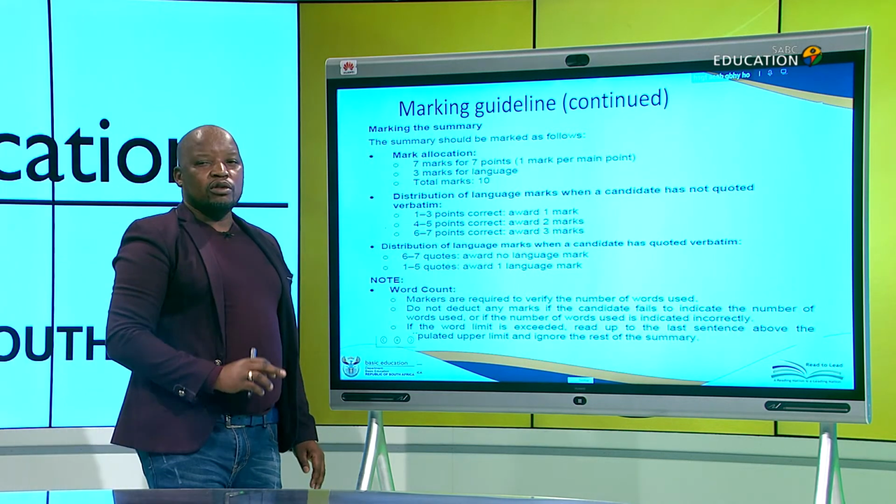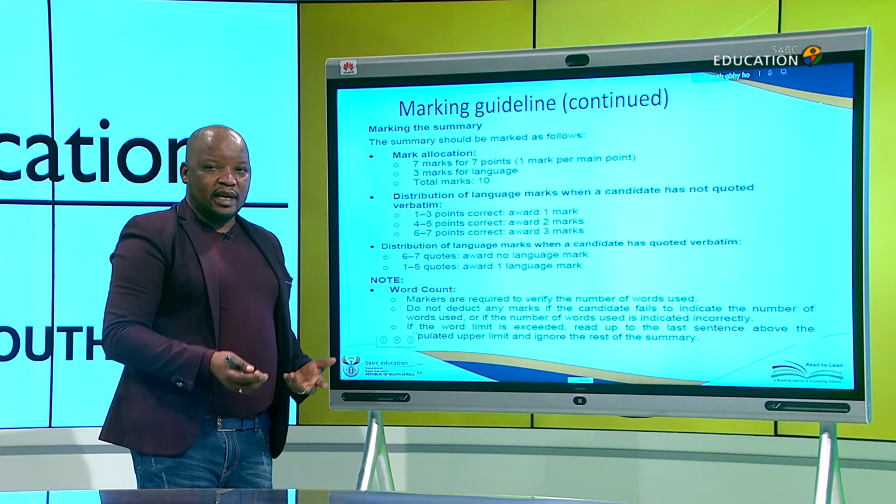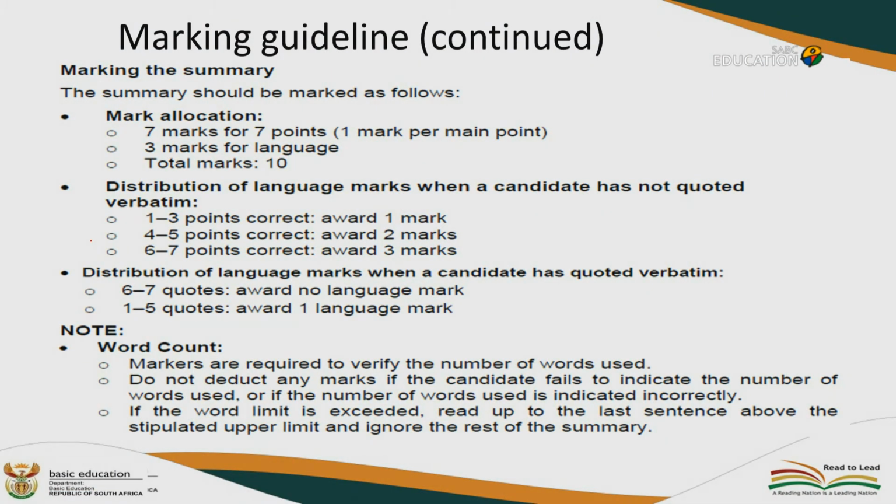Marking guideline continues. I would like you learners to concentrate carefully here. Marking summary. The summary is going to be marked as follows. Bullet 1, mark allocation. I said in the beginning, summary it's out of 10.